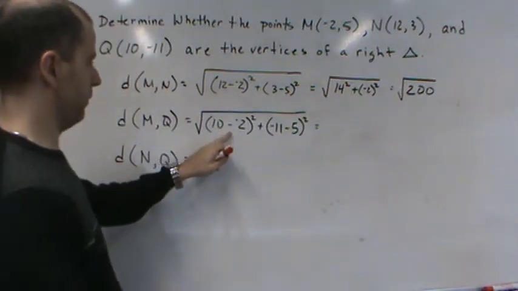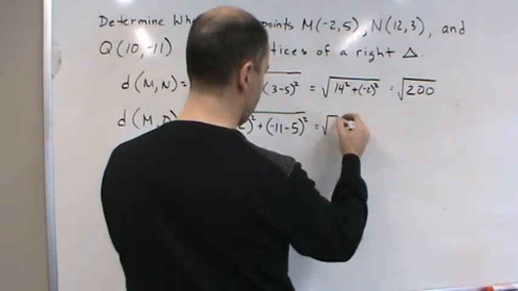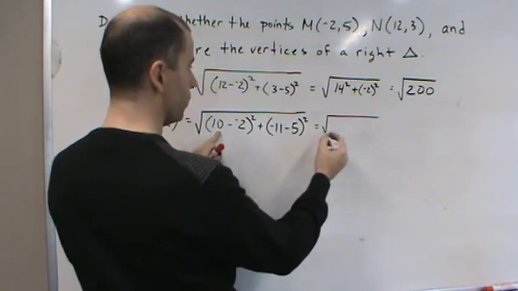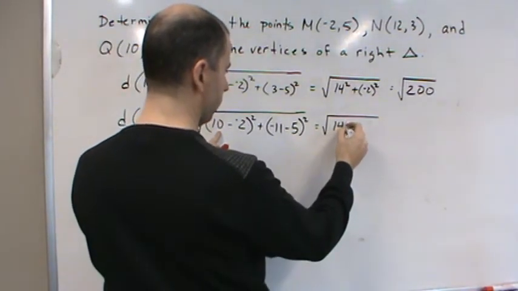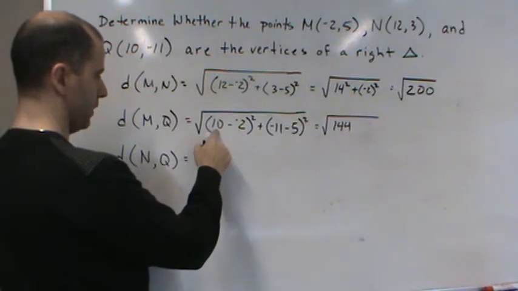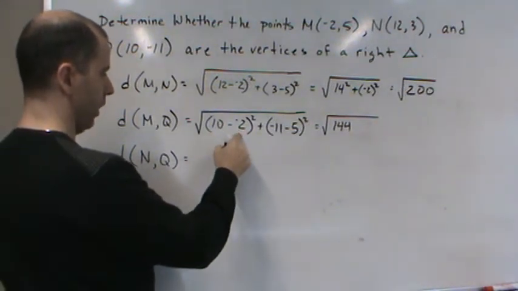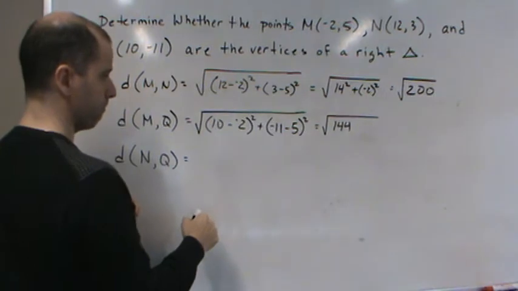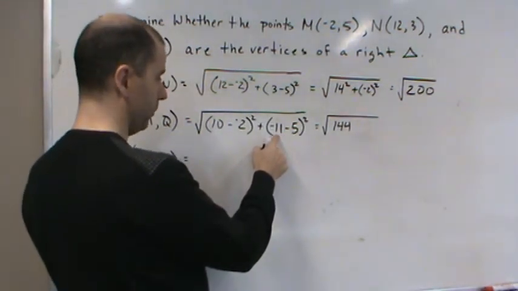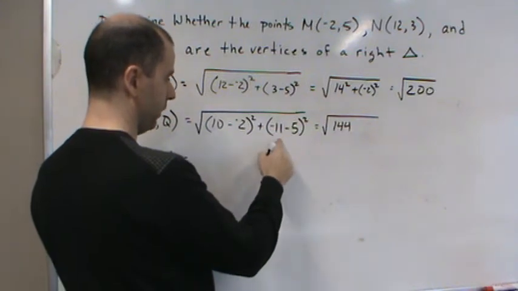Now we're going to simplify this. 10 minus negative 2 is 10 plus 2, which is 12. 12 squared is 144. And then this is going to give us negative 16 squared.